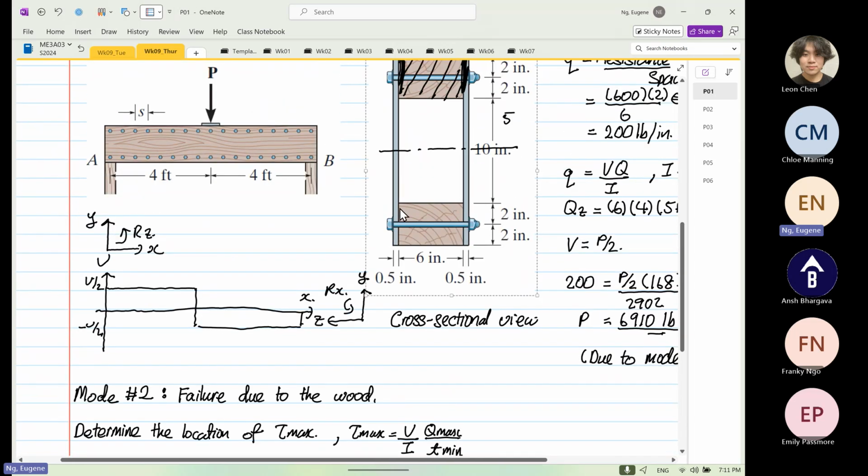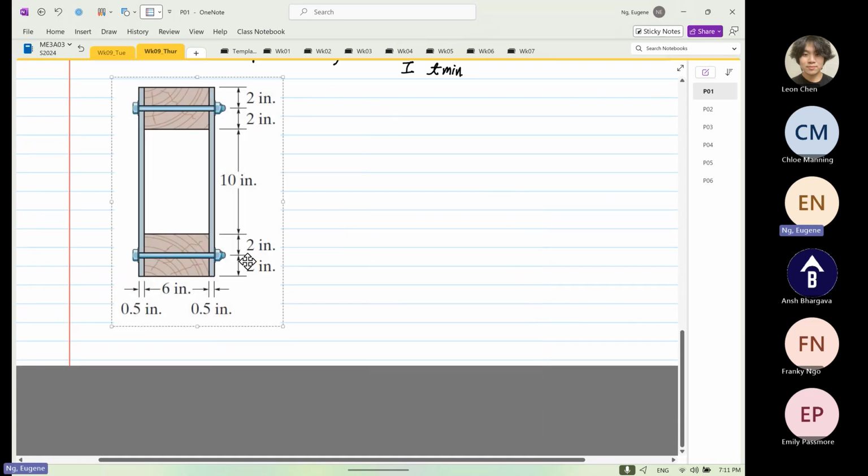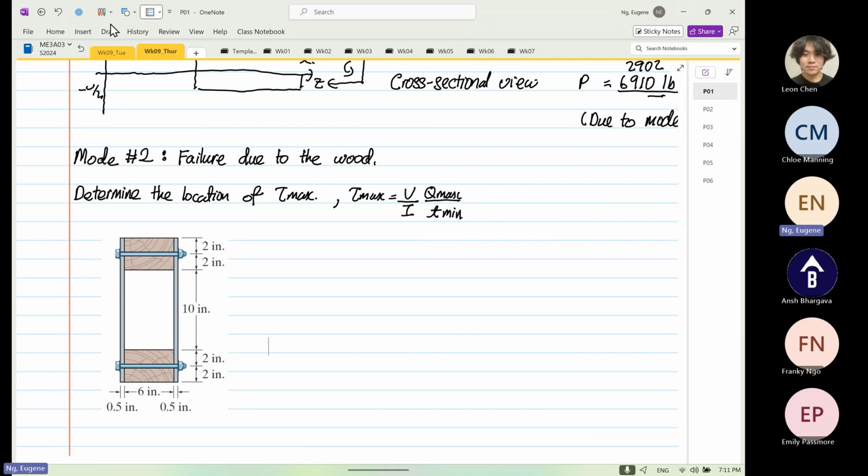So when you take this diagram, the cross-sectional view, I'm going to sketch out the position of the centroid.